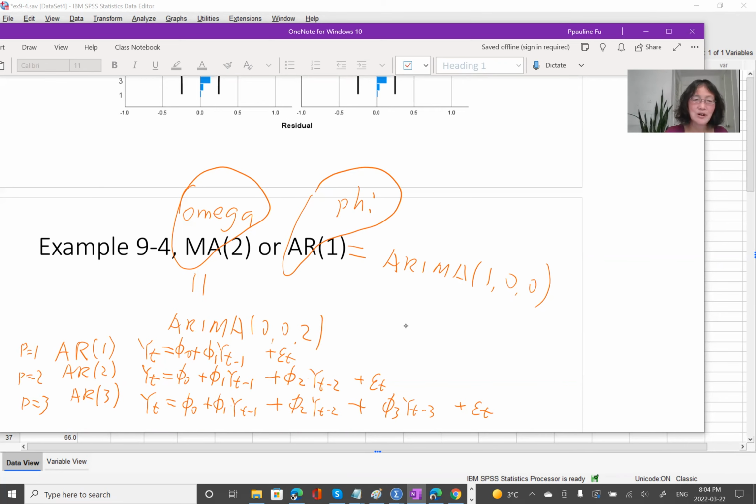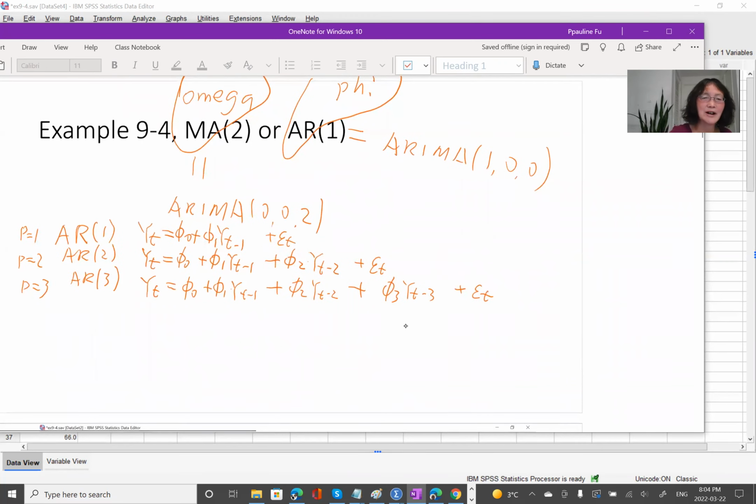And for MA, let's write down MA1 and then MA2, MA3. When you have MA1, Q equal to 1, when you have MA2, Q equal to 2, MA3, Q equal to 3. What does MA look like?